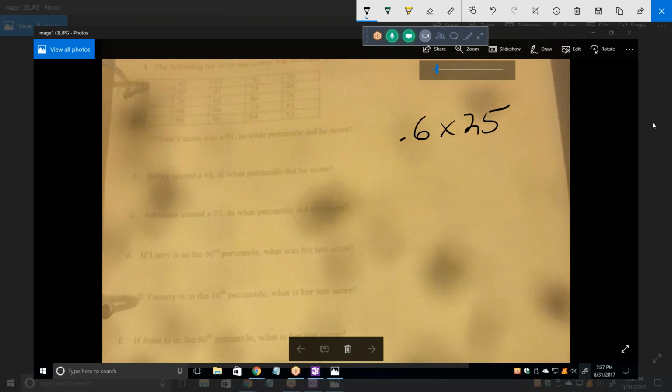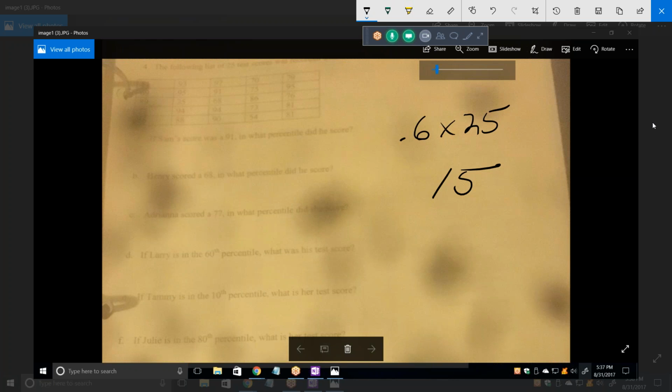And then there's 2 different ways that she taught us to do it with the calculator. It all depends on what that comes out to. If it comes out as an even number, like a whole number, you go into it and you find the number. So if I did the 0.6 times 25, it comes out as 15.